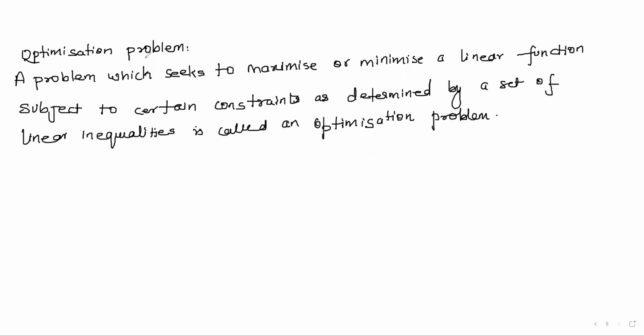Okay, please write this. A problem which seeks to maximize or minimize a linear function, that is the objective function, and subjected to certain constraints. So a problem in which we have to maximize or minimize the objective function under certain restrictions. Certain restriction means constraint. That is called the optimization problem. Please note down this. I will again explain this to you when we will start doing the questions.